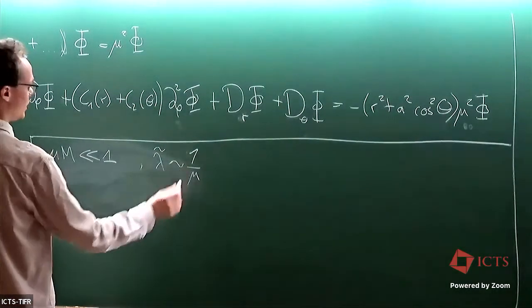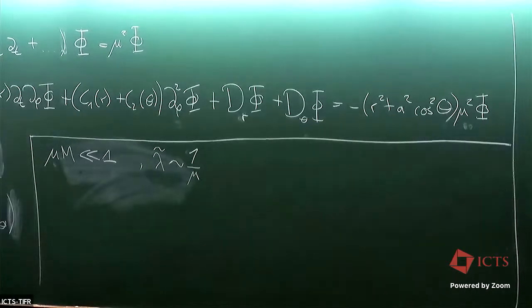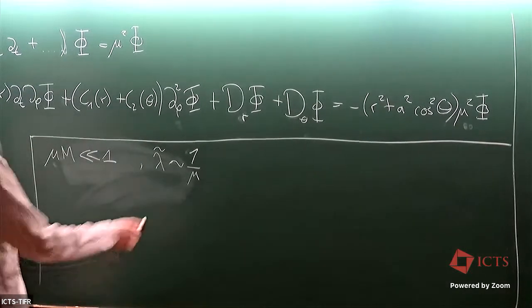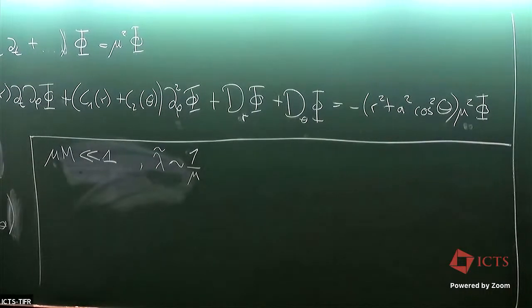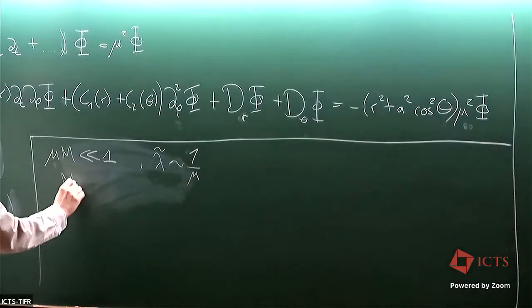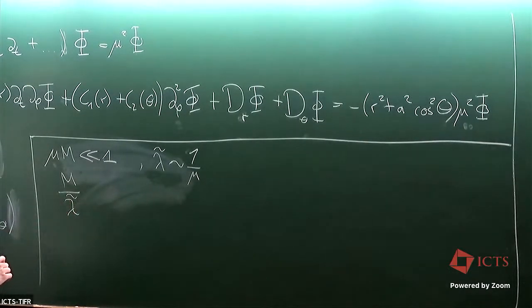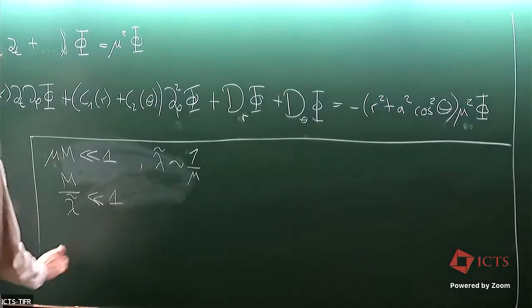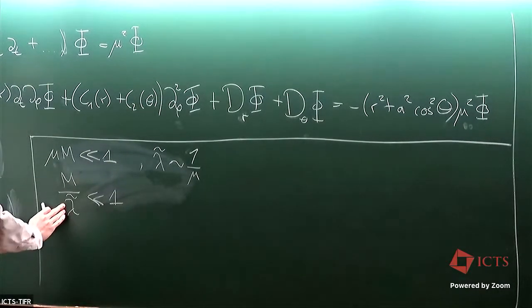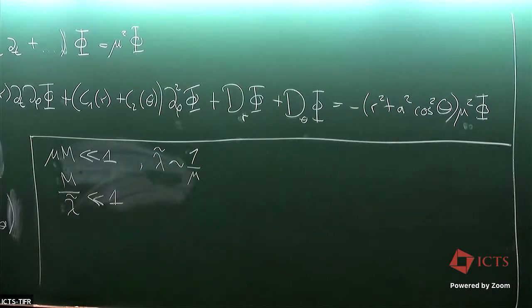I put a twiddle here because the actual numbers aren't too important, but just intuitively you need to understand that it's a length scale associated with this solution, and the length scale is roughly 1 over mu. And so this regime is then equivalent to where the size of the black hole, so basically the Schwarzschild radius, or m, is much, much smaller than the wavelength of the solution that you're going to look at.